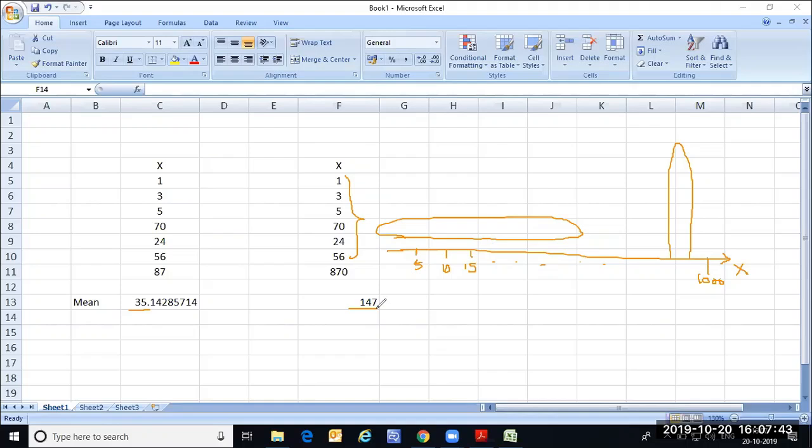What kind of interpretation can we bring in for the mean? What exactly is the mean? When we take a group of data which has been spread across like this, the mean tells us where the majority of the data is concentrated.